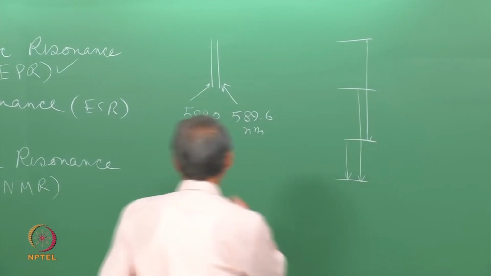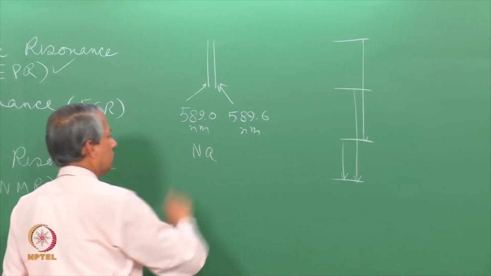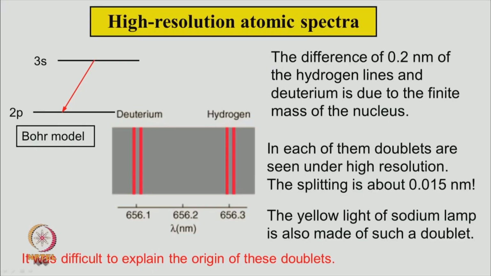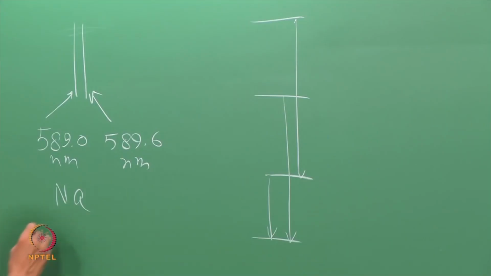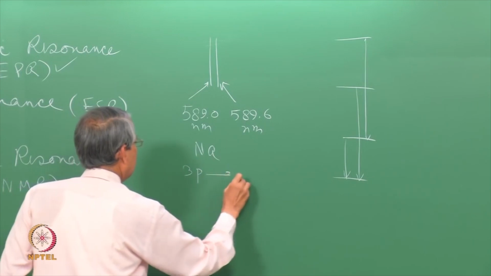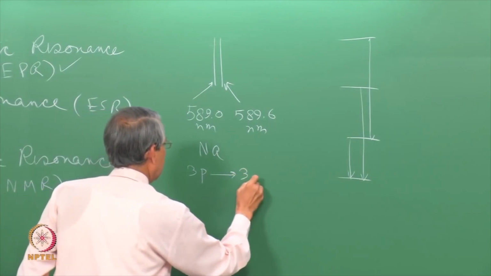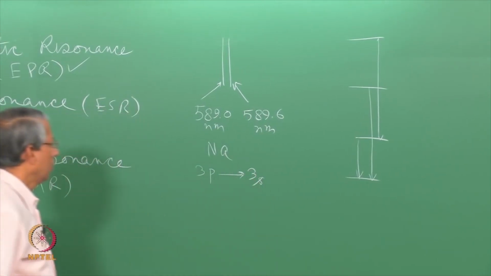This is the sodium atom spectrum, and the other two shown here are for hydrogen and deuterium atom spectrum. They are very difficult to explain. In fact, for sodium atom, the transition involves the 3p to 3s orbital.